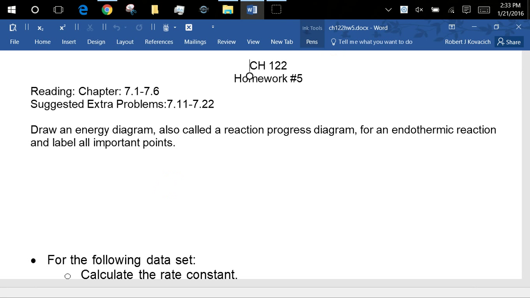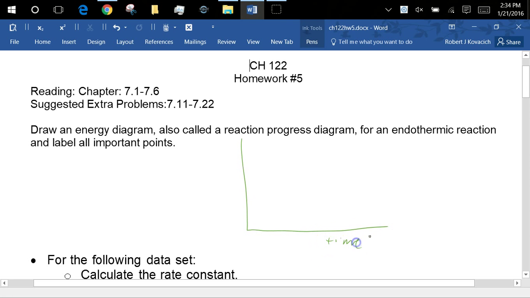Okay, what do I need to include with this reaction progress diagram?